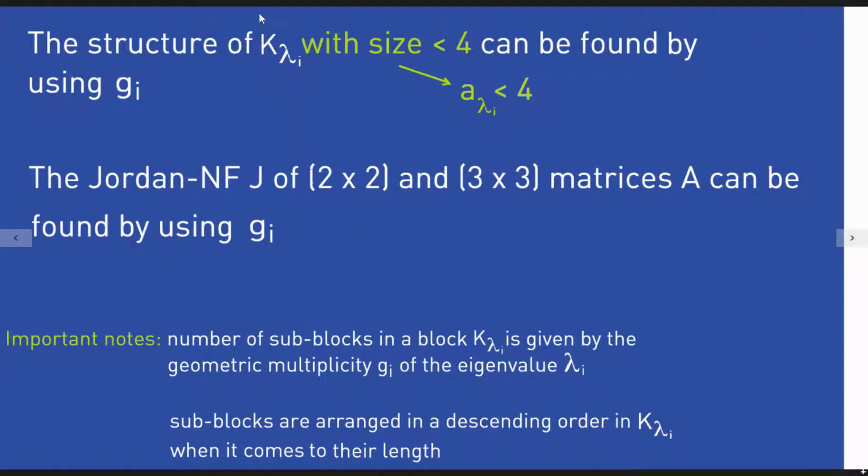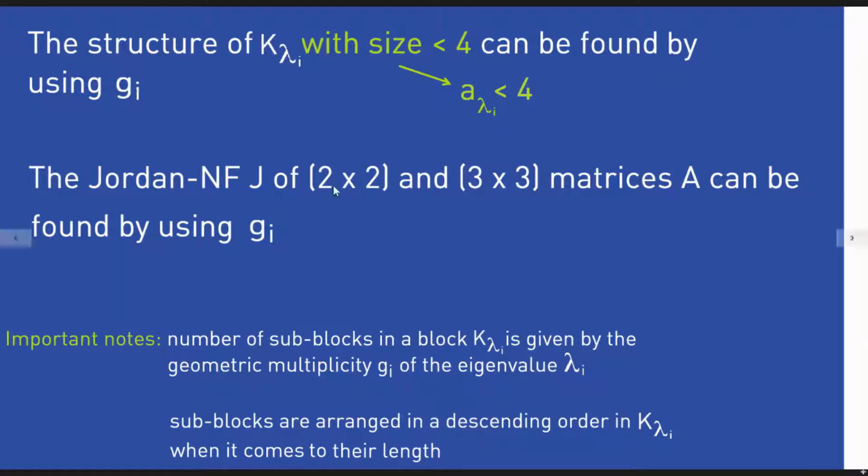For small blocks k lambda I, which means that the length or the size of these blocks is smaller than 4, which means that the algebraic multiplicity of the eigenvalue lambda I is smaller than 4, we can immediately write down k lambda I only by knowing the geometric multiplicity gi of the eigenvalue lambda I.